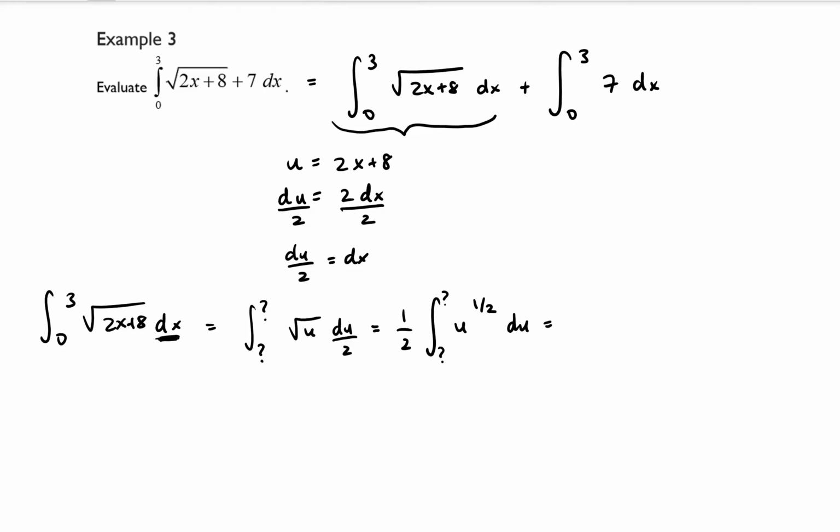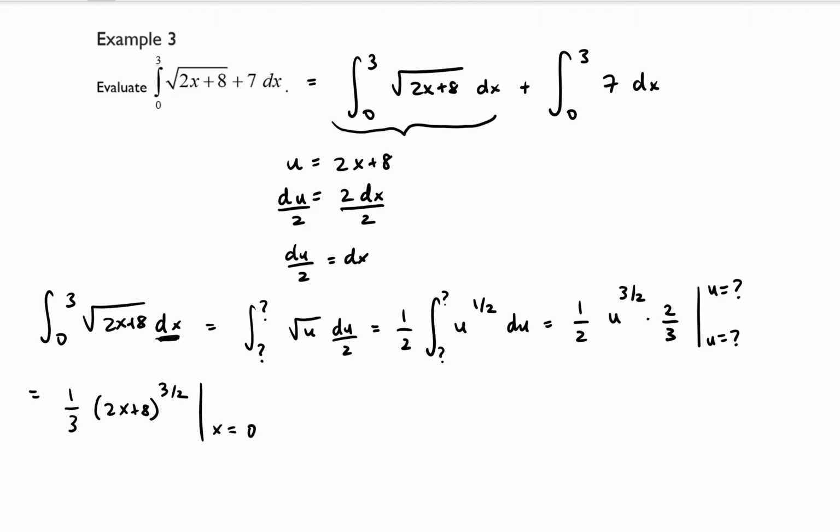And then that's going to equal 1/2 u to the 3/2 power times the reciprocal of the new power, which is 2/3, from u equals question mark to u equals question mark. And then that's going to equal 1/3. I'm going to substitute back in 2x plus 8 to the 3/2, and now we are evaluating that from x equals 0 to x equals 3.